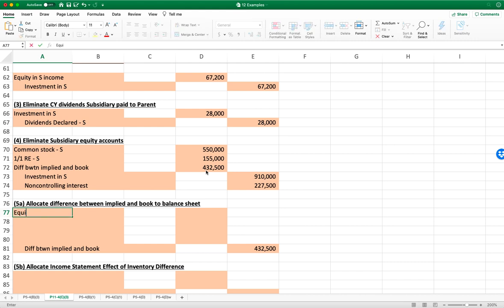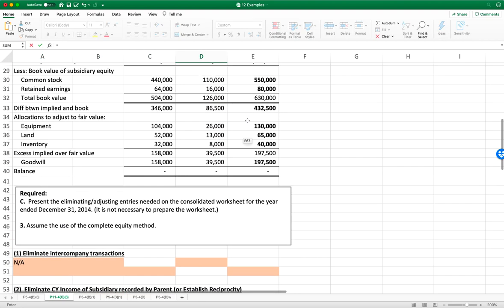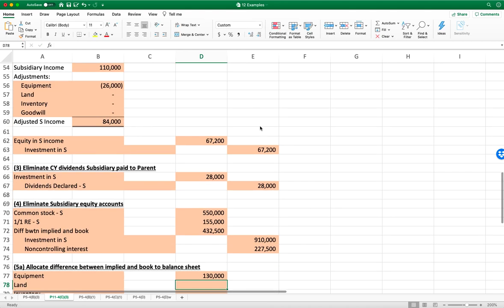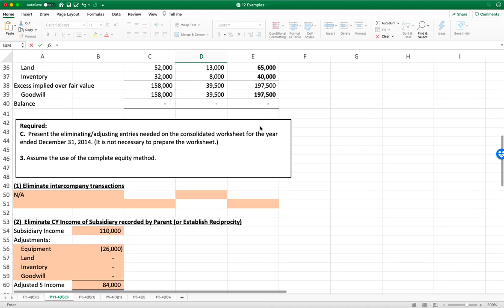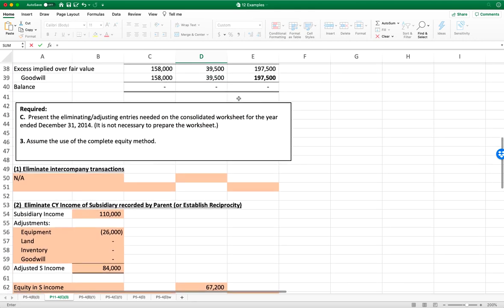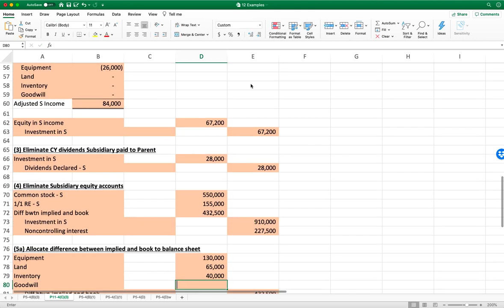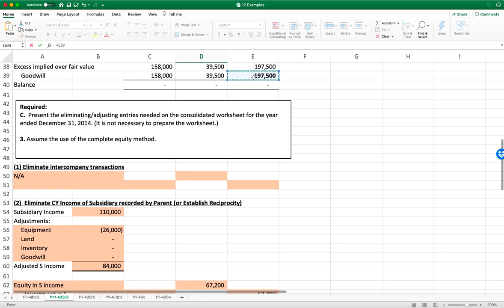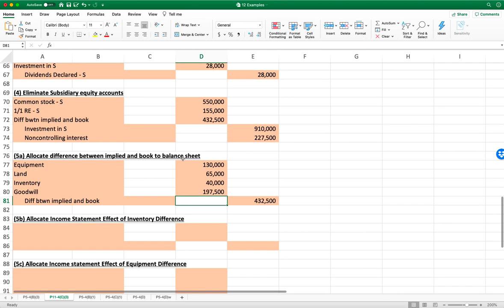So that's equipment, land, inventory, and goodwill. And we're going to put in the allocations that the schedule says we should. So an increase of $130,000, an increase of $65,000, an increase of $40,000, and an increase of $197,500.